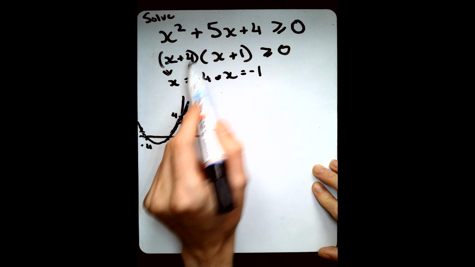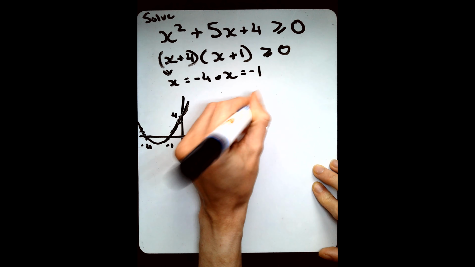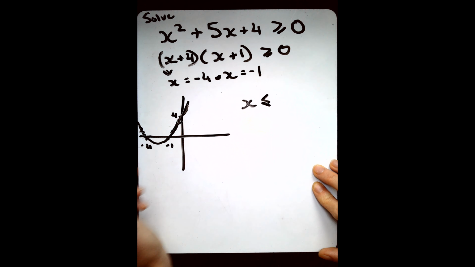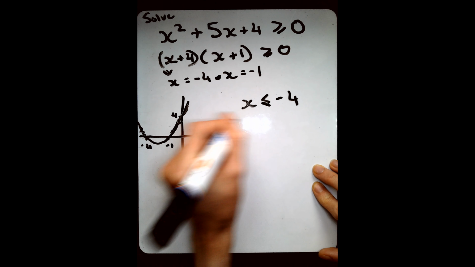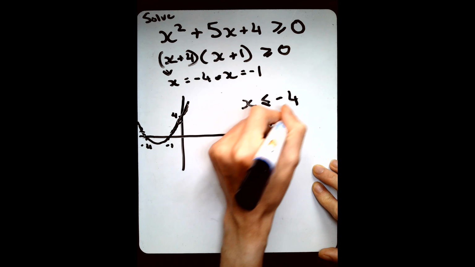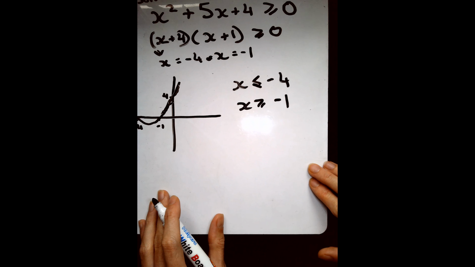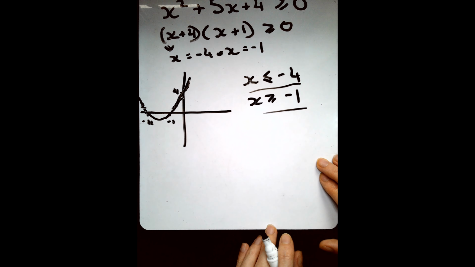So to solve this, we just want to write this down mathematically. X, and because it's greater than or equal to 0, we have less than or equal to negative 4, and we've got the case where x is greater than or equal to negative 1. Okay, so there are two answers.